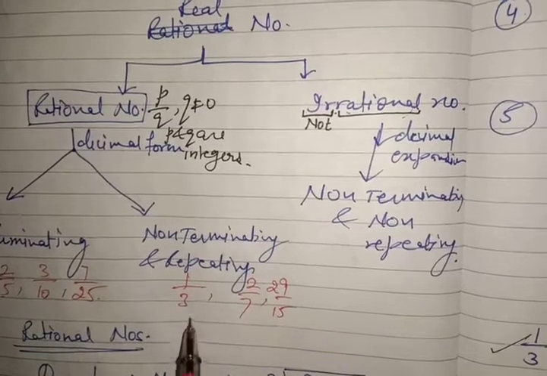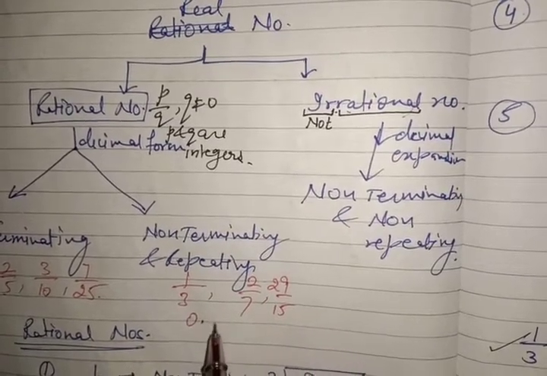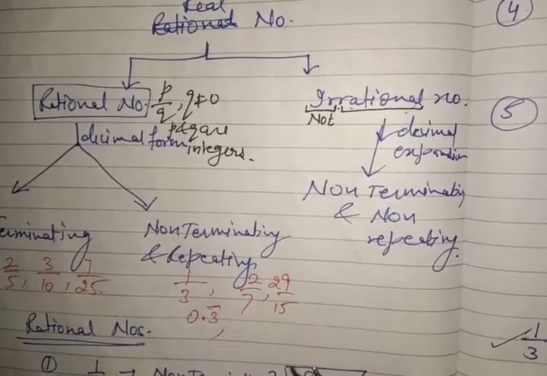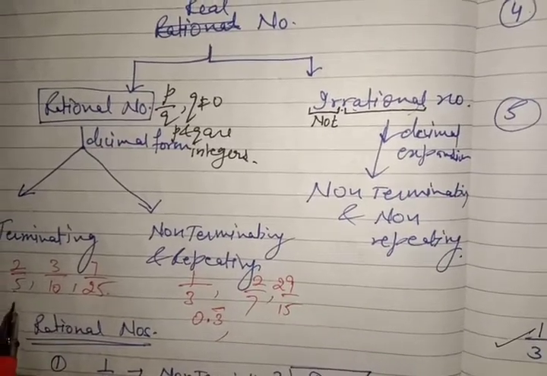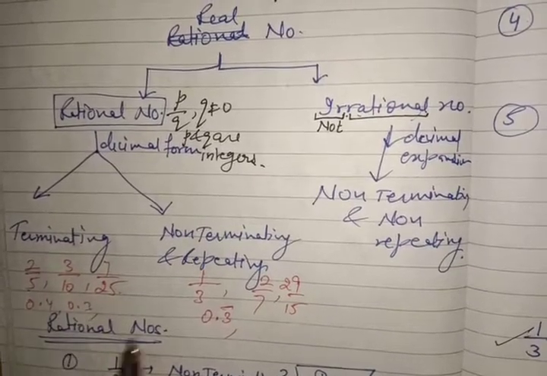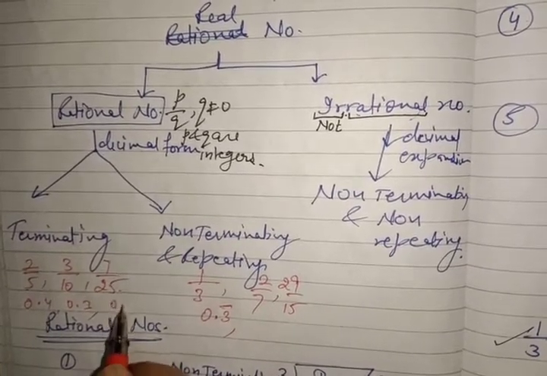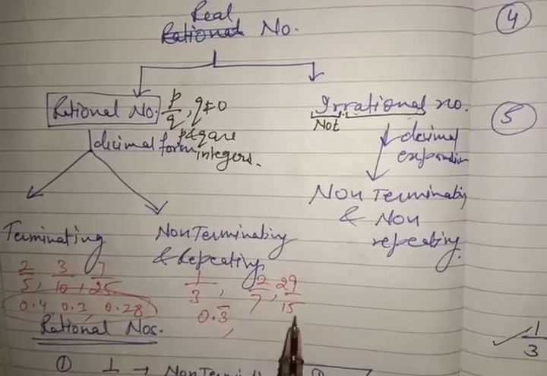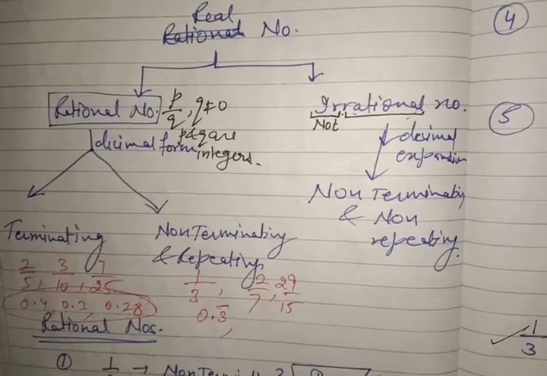In decimal form, we can write 0.3 bar and so many numbers. And 0.4, 0.3, 0.28 are terminating examples, and the others are non-terminating and repeating.